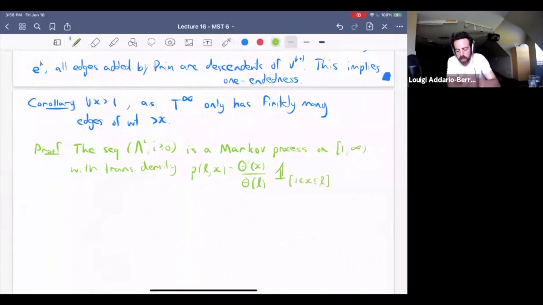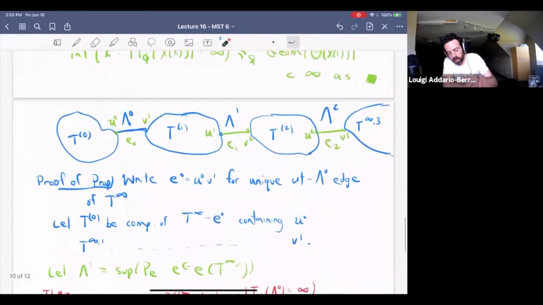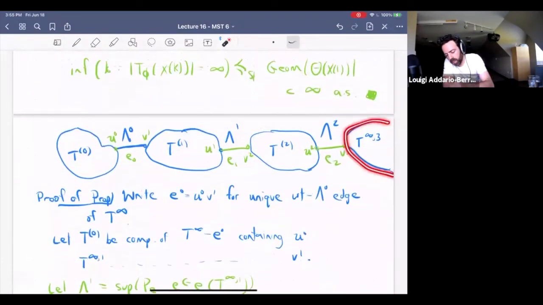In particular, lambda i converges to 1 almost surely. At each step, we've conditioned on this tree being infinite. How much can we lower the parameter and stay infinite?